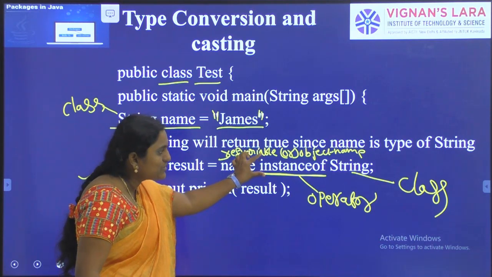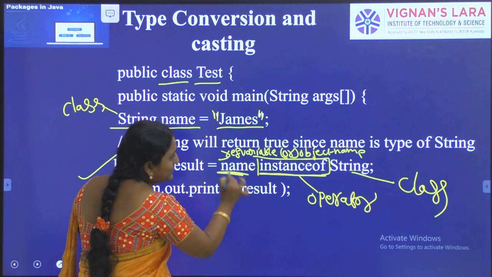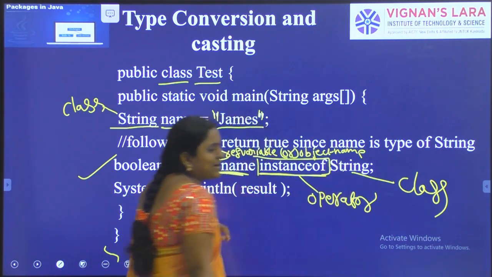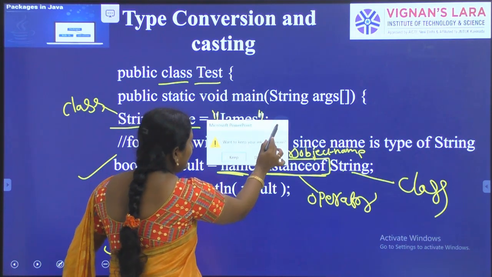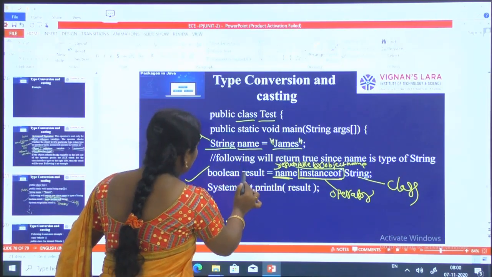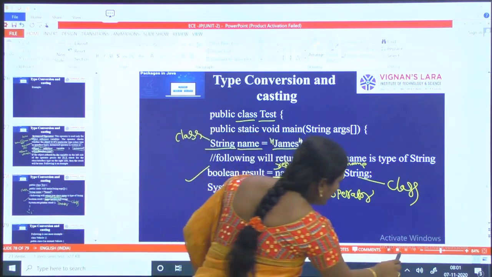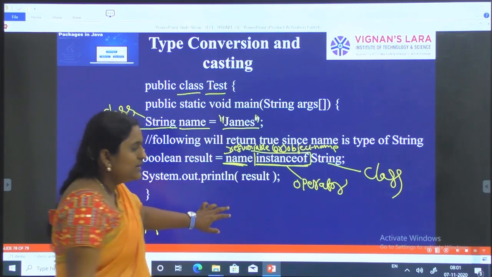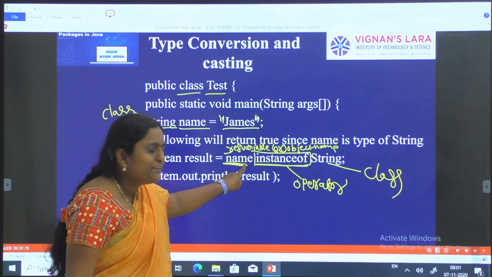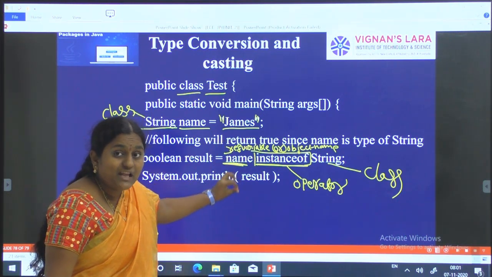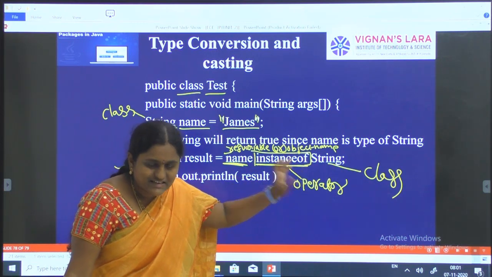What is the purpose of the instanceof operator? It checks whether the object belongs to the particular class or not. Here it checks whether name, an object name or reference variable, belongs to the particular class, that is, the String class or not.